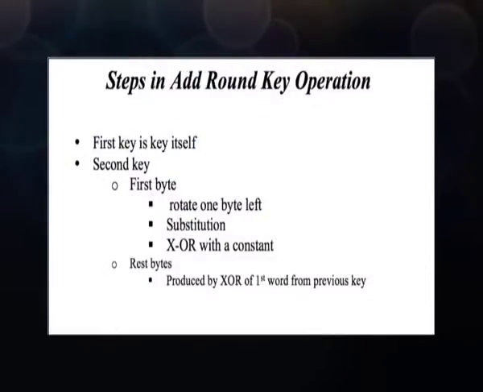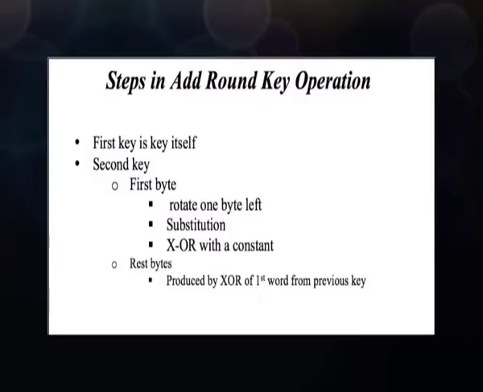The final step in each loop is to XOR a variation of the key with the result obtained so far. The variation is as follows. The first key is the key itself. The second key is changed 4 byte word by word.